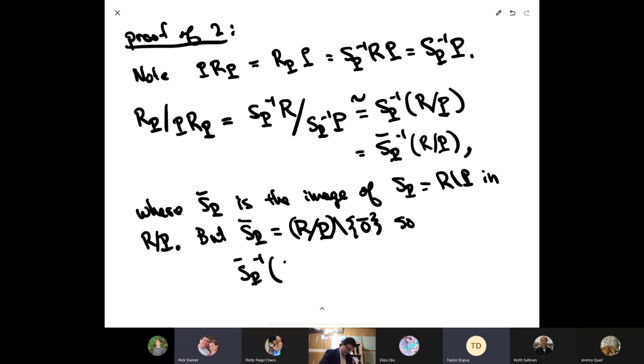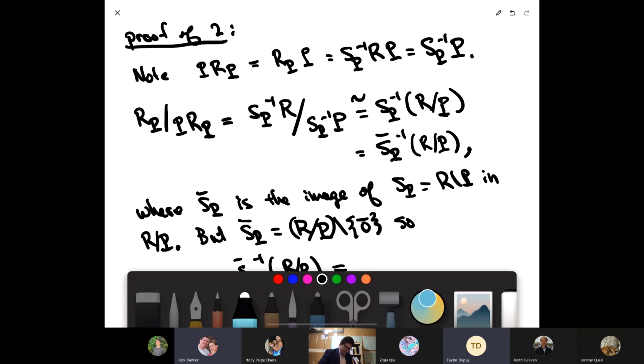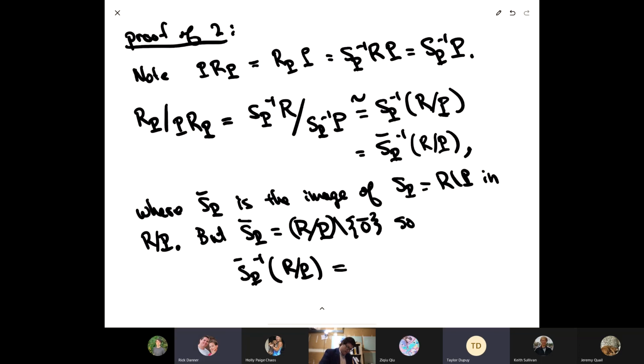If I'm reading that right, you just said that S_P bar is the image of S_P because S_P is R minus P. Oh, those are different. One's a backslash and one's a forward slash. Sorry. Yeah, this is removing the set, and this is quotienting by the set. But this is a subset of R, right? And then its image in the quotient. And the other thing is that P goes to 0 in the quotient.